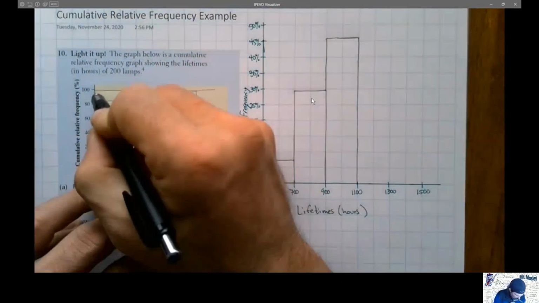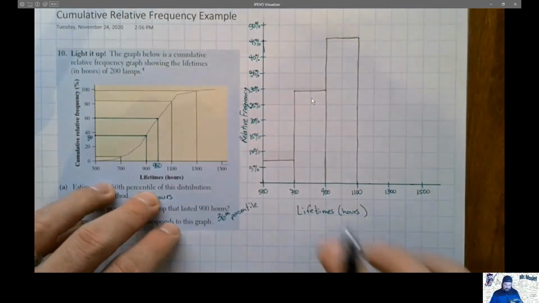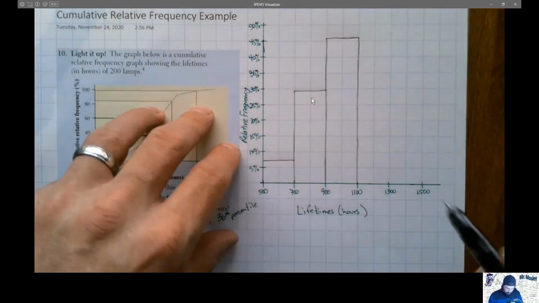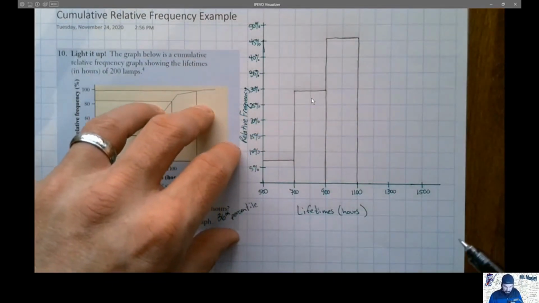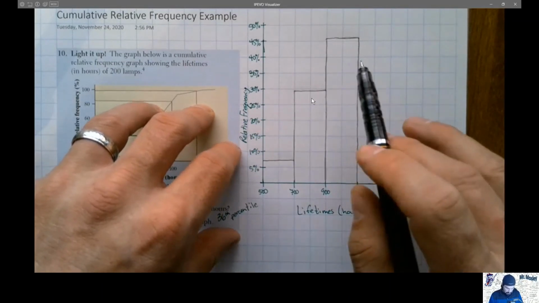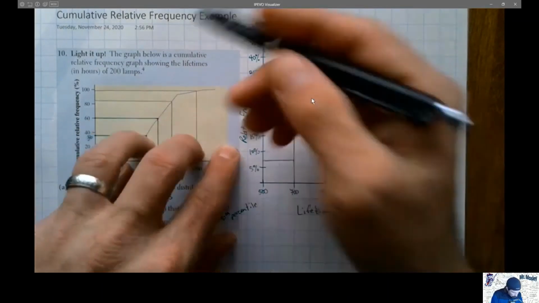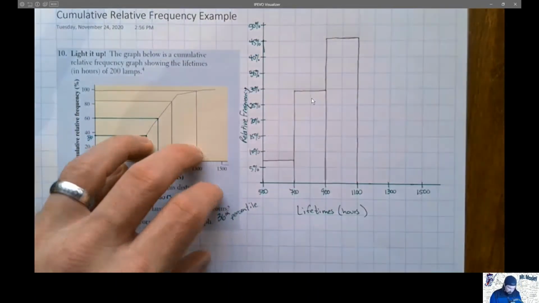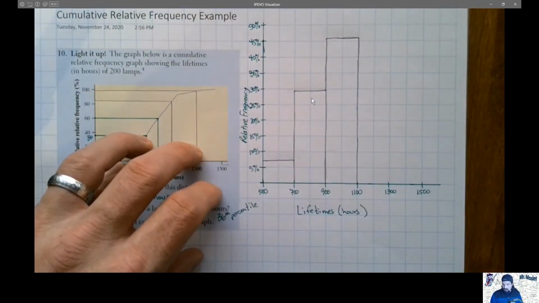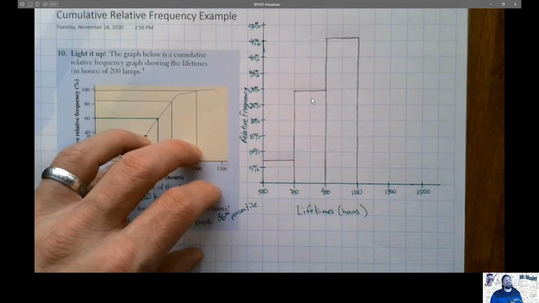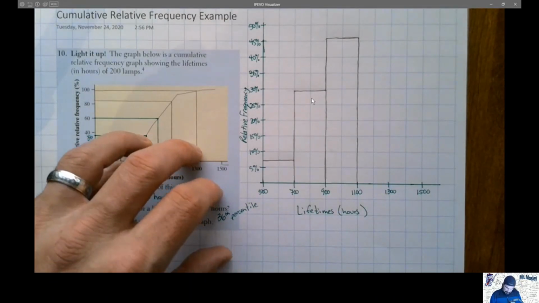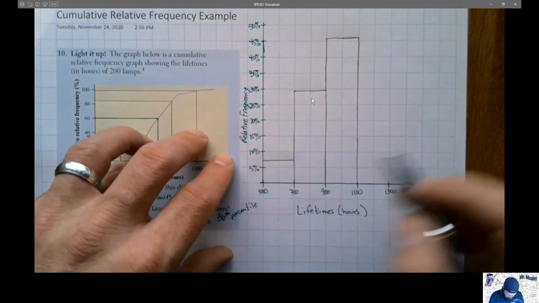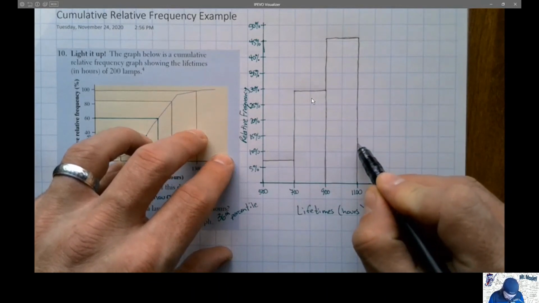All right, so here we're like 98%. So we're going from 85% to 98%. That is going to be another 13%. So again, we'll go here, a little above half there.